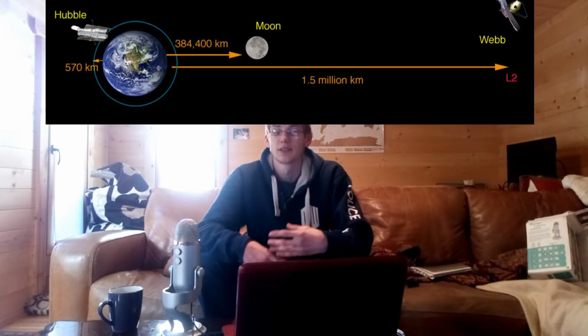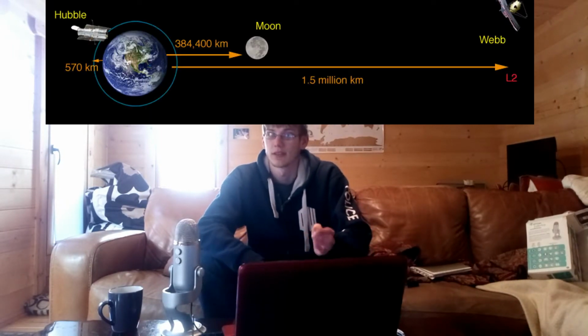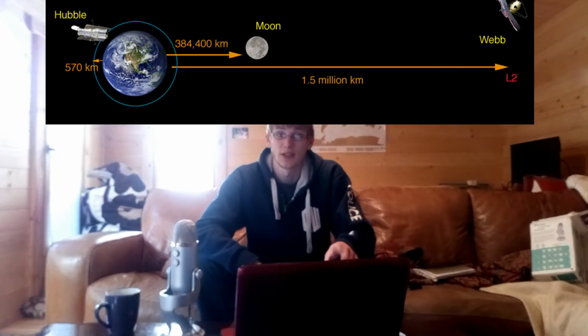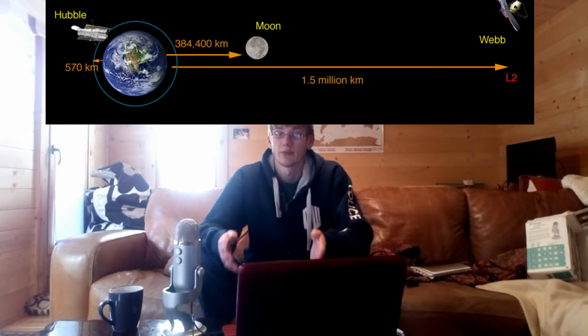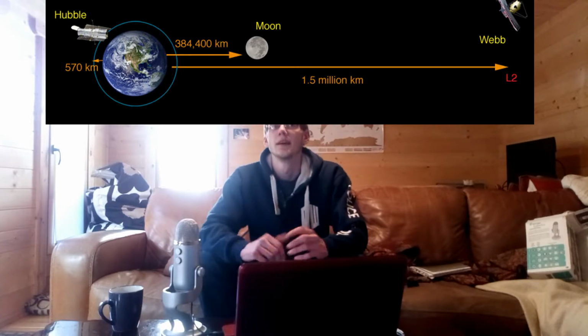Hubble orbited at 570 kilometers away from the Earth, but the James Webb Space Telescope is going to be orbiting at 1.5 million kilometers from Earth. The reason for this is because at that point it'll use its solar shield to block out any light and heat from the sun, which reflects off Earth or the moon, and this will help keep it cool.